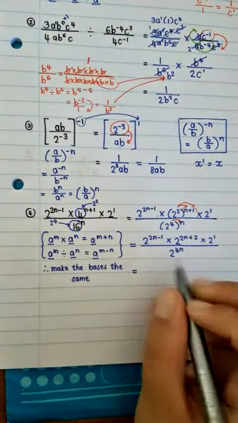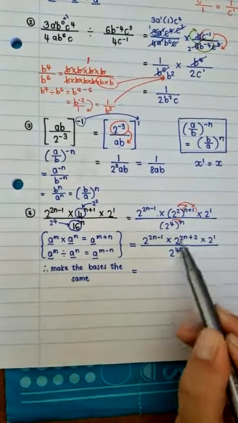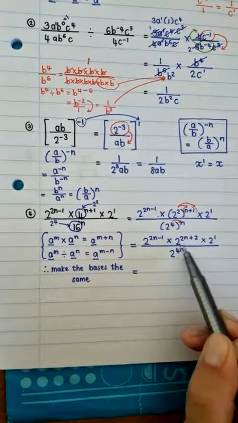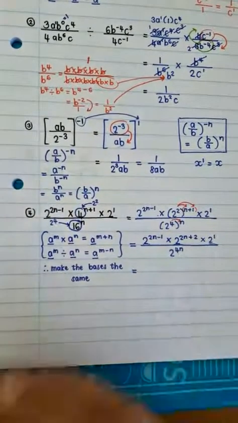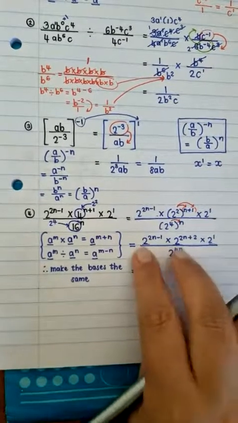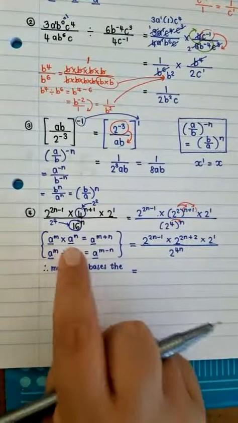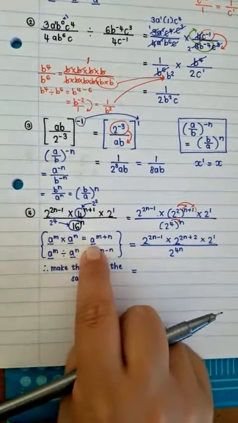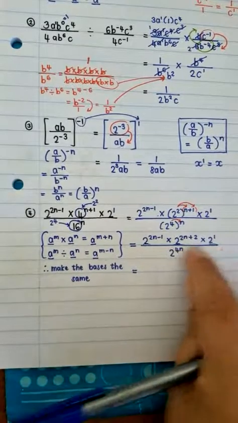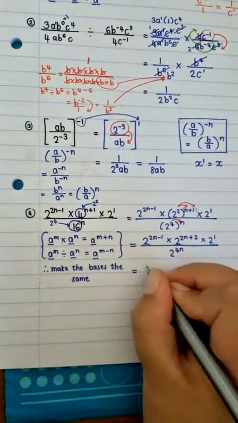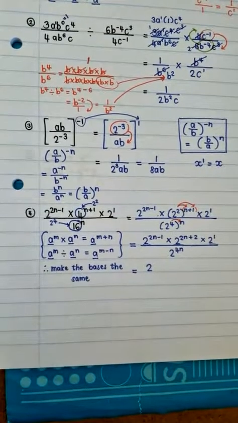What I'm going to do first is I'm going to simplify what we have at the top, because we know that when we multiply powers and they have the same bases, which we now have in this case, we add those exponents together. Okay, and our answer, when you have the same bases, you multiply them, your answer has that same base as well. So because we have a 2 times a 2 times a 2, those bases are all 2's, the answer is also going to have a base of 2.